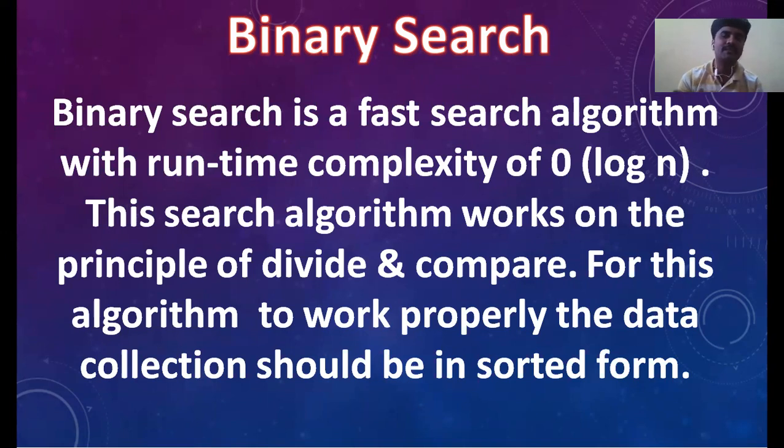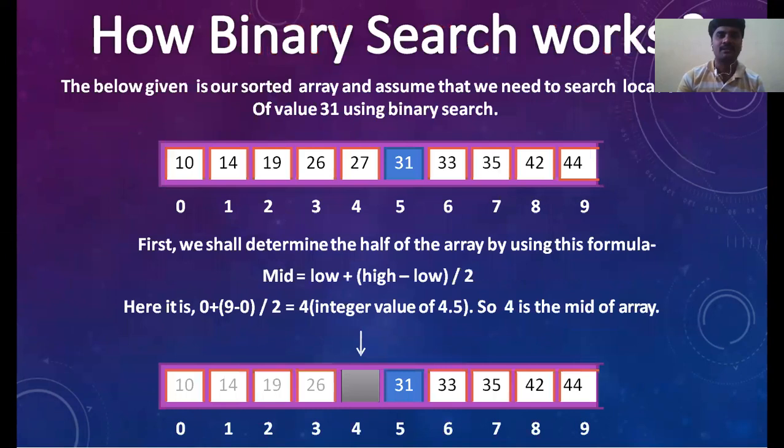So we have to sort it first, and only then go for the binary search algorithm. This is the basic information about the binary search algorithm. Now, how does binary search work?